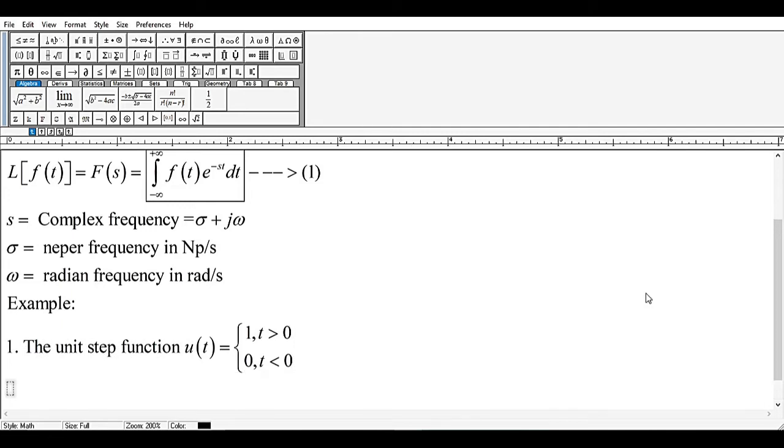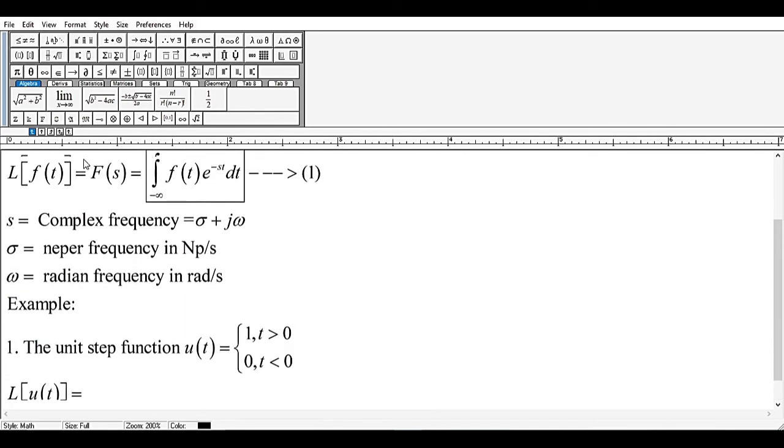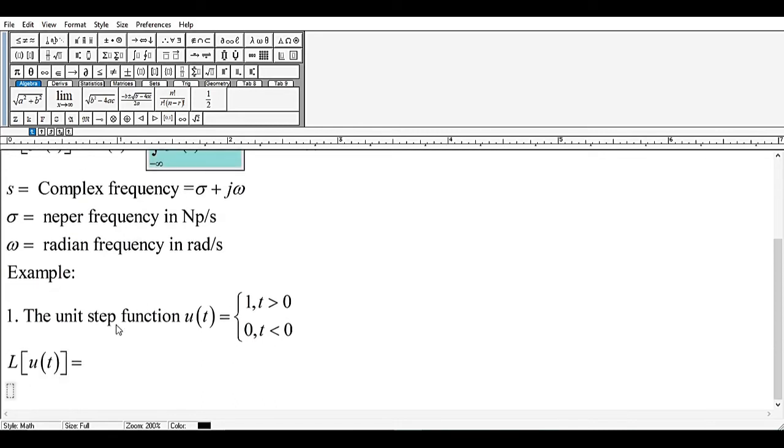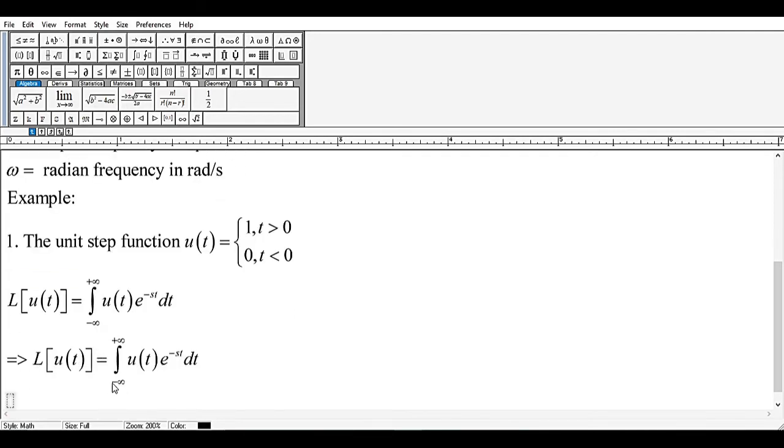Now, using equation 1, we are going to find out the Laplace transform of this function. So from equation 1, we can write that Laplace of the function u(t) will be the integration from minus infinity to plus infinity of u(t) e to the power minus st dt, which can also be written as the integration from 0 to infinity of 1 into e to the power minus st dt.